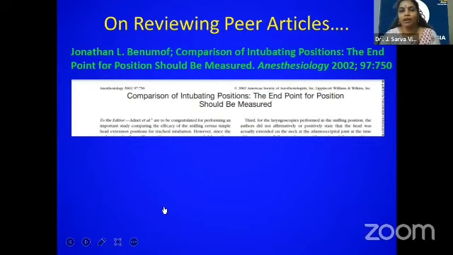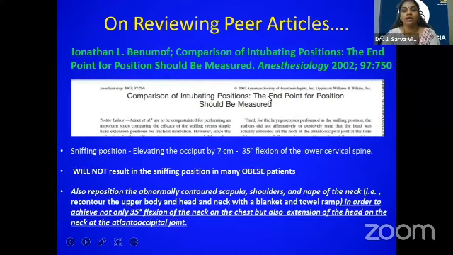On reviewing other peer articles, this article was published almost 20 years back in Anesthesiology by Jonathan L. Benumof. Benumof, as we all know, is a pioneer in thoracic anesthesia and airway. He titled this article as the comparison of the intubating positions; the end point for the position should be measured. He states that by elevating the occiput by 7 centimeters, we achieve 35-degree flexion of the lower cervical spine and we achieve the sniffing position in normal patients.